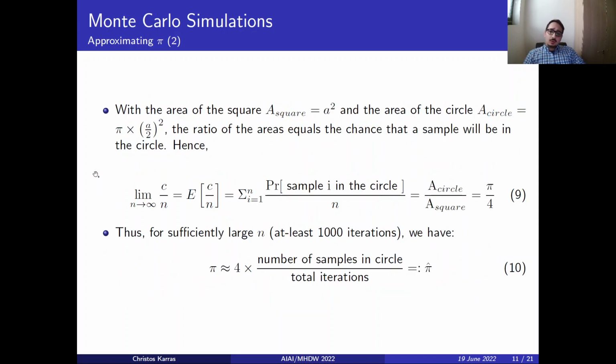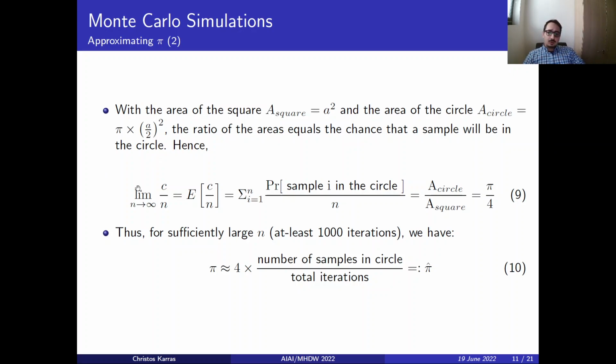So with the area of the square A squared and the area of the circle named A circle, the ratio of the areas equals the chance that a sample will be inside the circle.